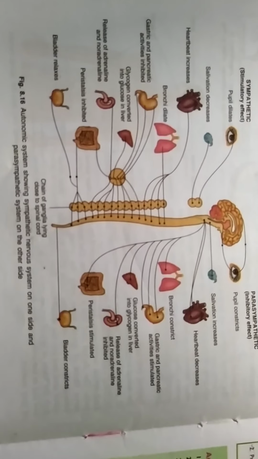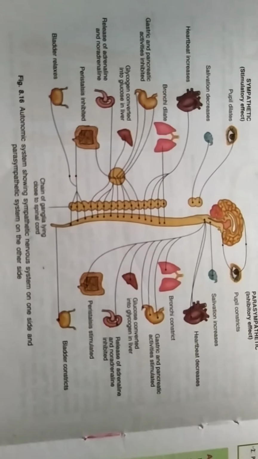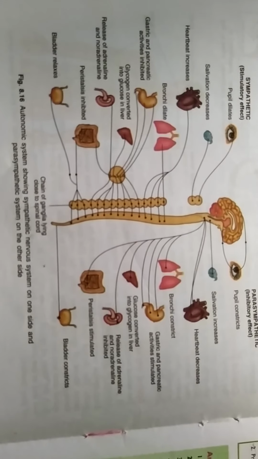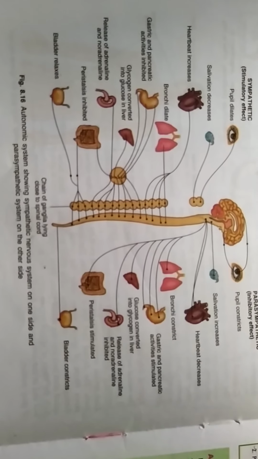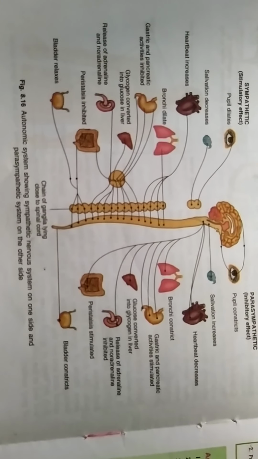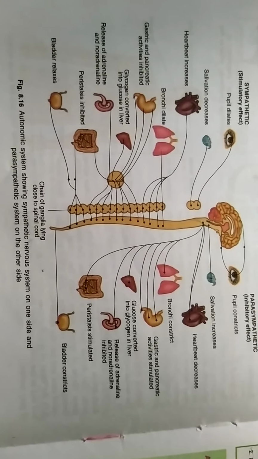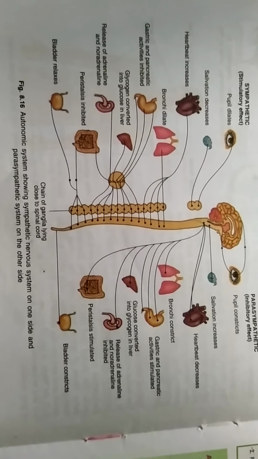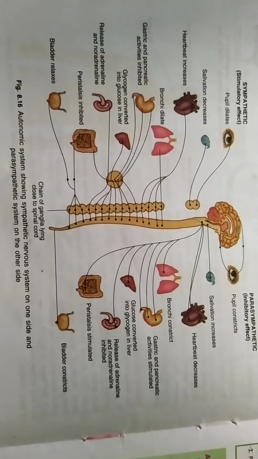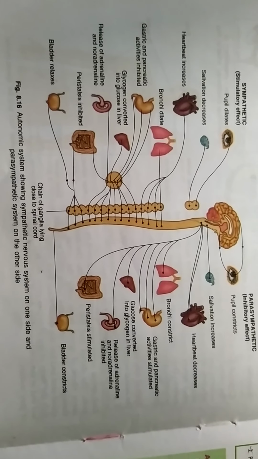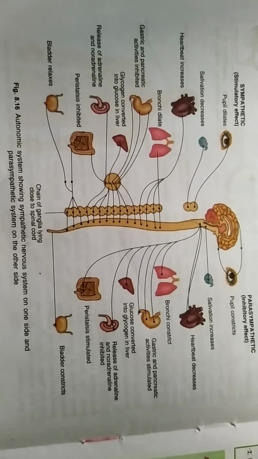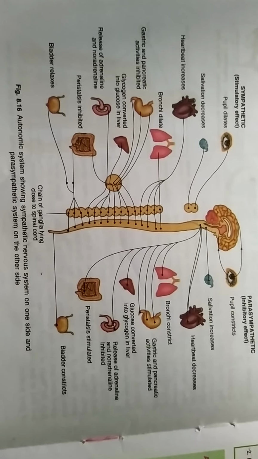You can have a close look where it gives you the exact function: how the kidney, lungs and bronchi respond, when heartbeat decreases, salivation increases, heartbeat increases. Just have a look. And how the adrenal gland releases the adrenaline hormone, and how glycogen is converted into glucose in the liver.